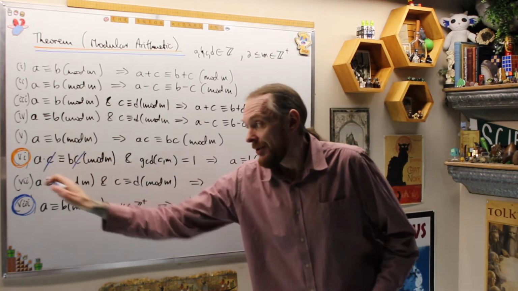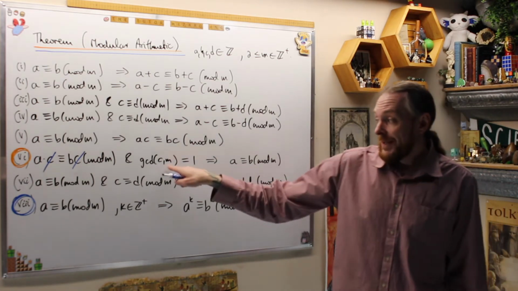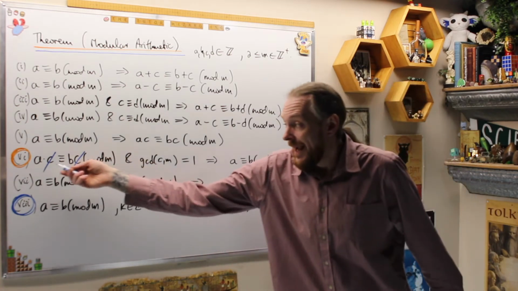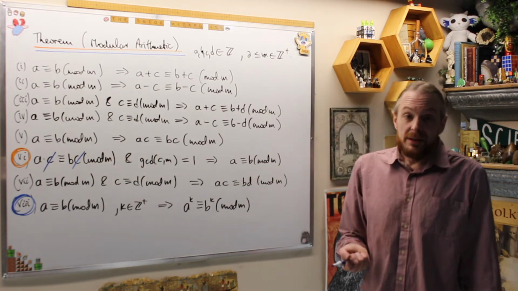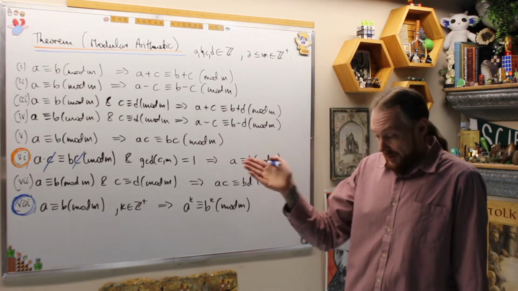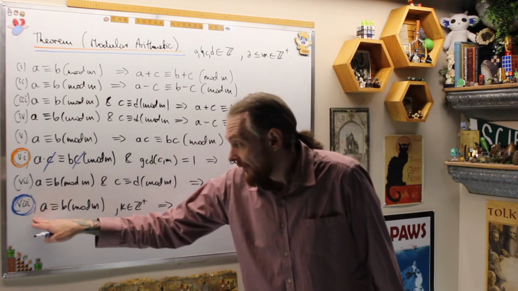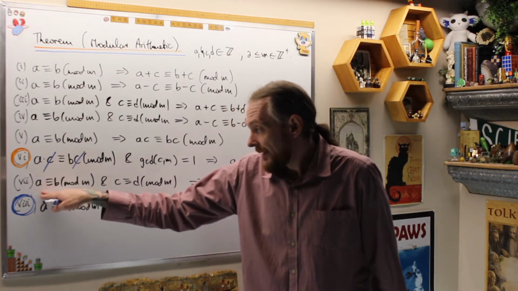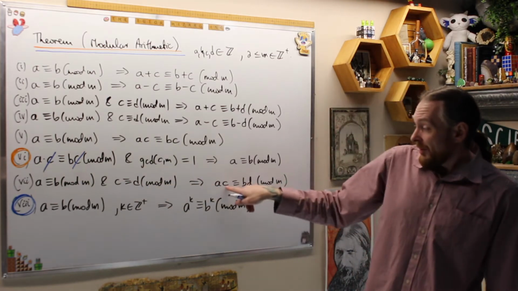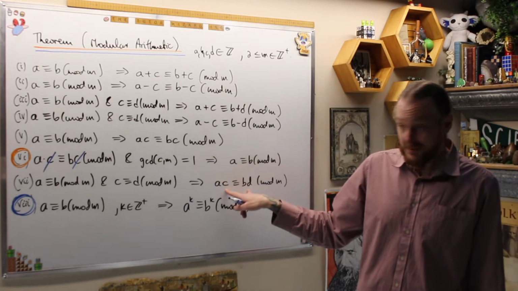If I want to do that and get rid of it, what you have to have is the greatest common divisor of the thing you're trying to cancel and the modulus must be 1 in order for this to work. Otherwise, it might not be true. And if we have that a is congruent to b mod m and c is congruent to d mod m, you can multiply on both sides, just like adding, and the remainder will stay the same.